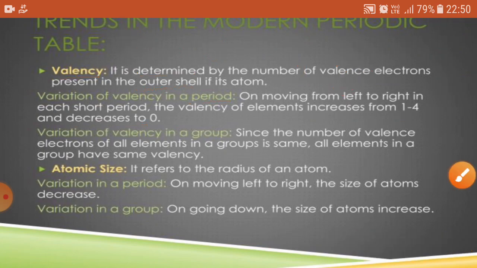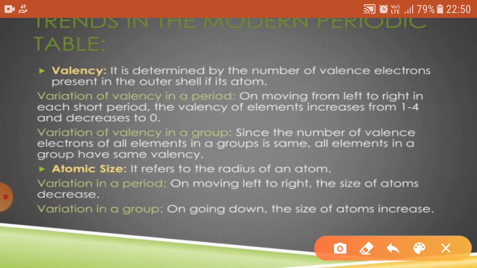Now, what is the trend down the group? On moving from up to down, the valency will be the same. Let us take an example of the first group: hydrogen, lithium, sodium, potassium, having atomic numbers 1, 3, 11 and 19 respectively.